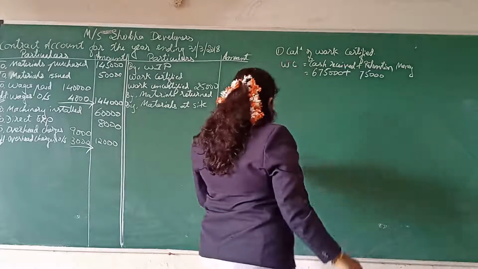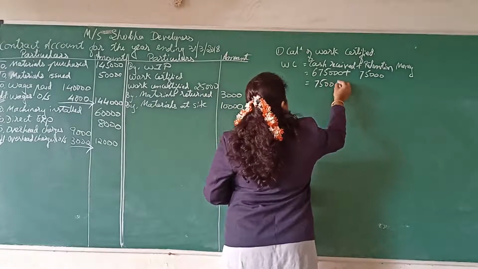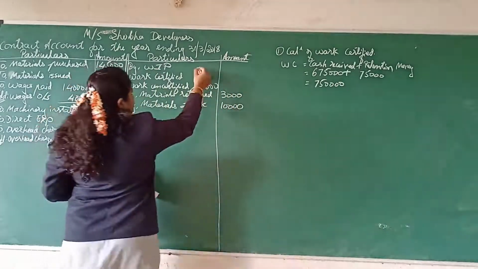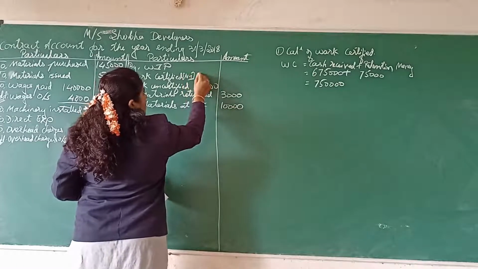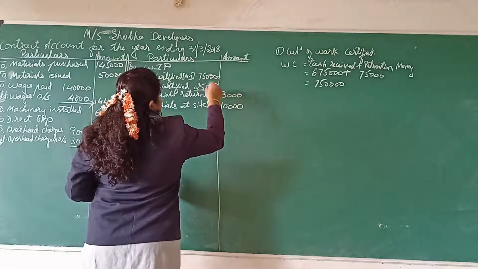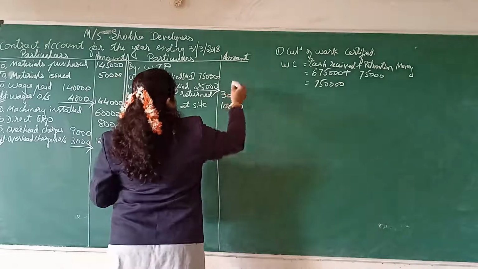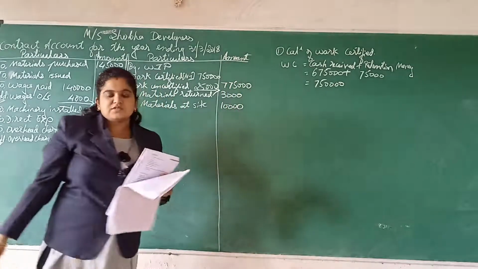Okay, now 6,75,000 plus 75,000 is 7,50,000. Okay, now write that amount here. In bracket you can write note number 1. Amount is 7,50,000. Make total of these two and take it out of column. 7,75,000.